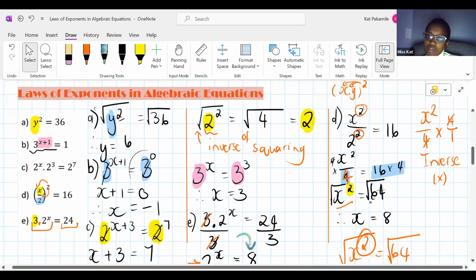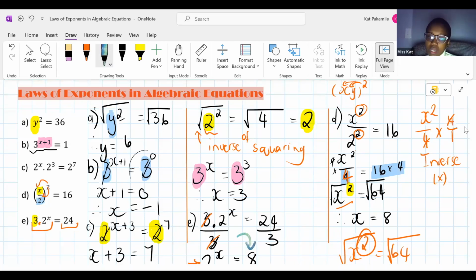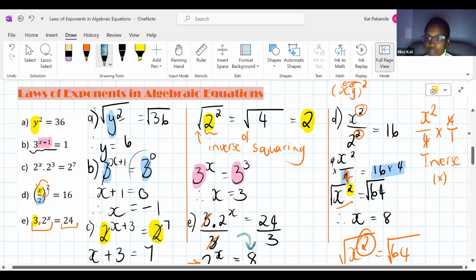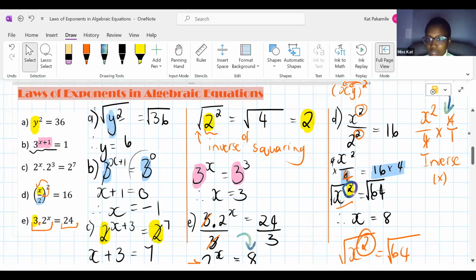We want to get rid of the 4 that's in the denominator, so we multiply by 4. But if you multiply by 4 on the left, you multiply by 4 on the right. Then you're left with x squared equals 64. To get rid of the squared, we square rooted. What you do on the left, you do on the right. That's how we ended up with x equals 8.